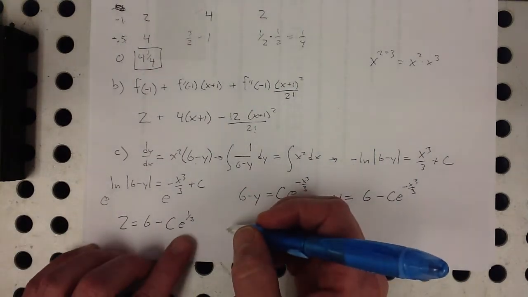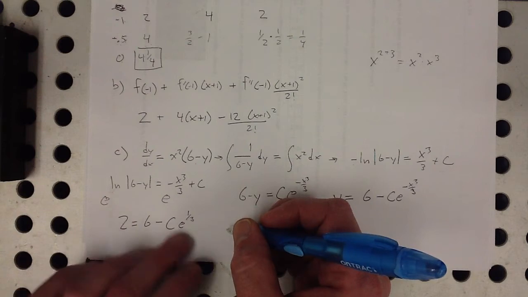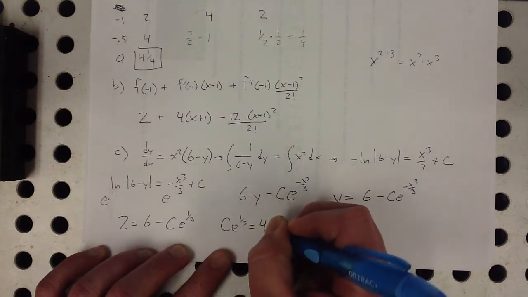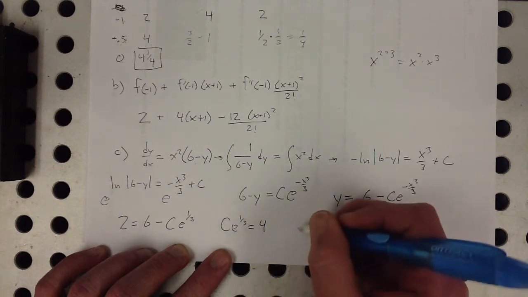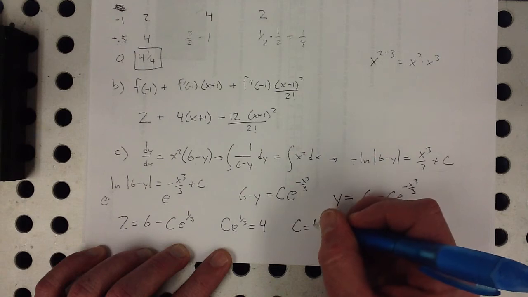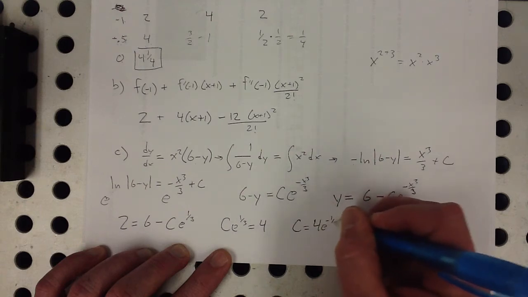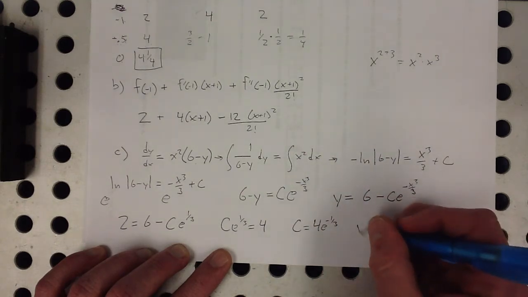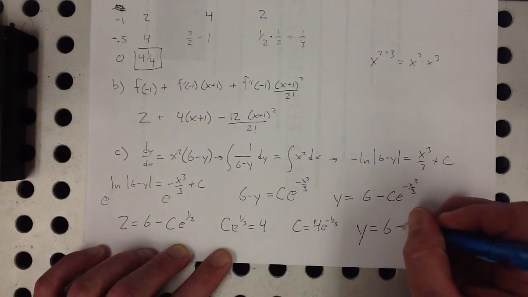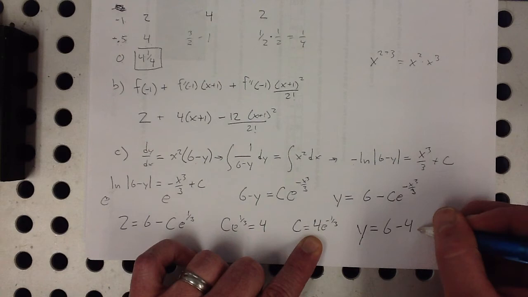So if I move that to the other side and subtract the 2, c e to the 1/3 is equal to 4. So c is equal to 4 over e to the 1/3, or 4e to the negative 1/3. And that gives me an answer of y equals 6 minus 4.